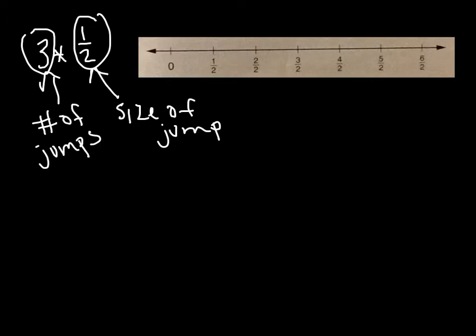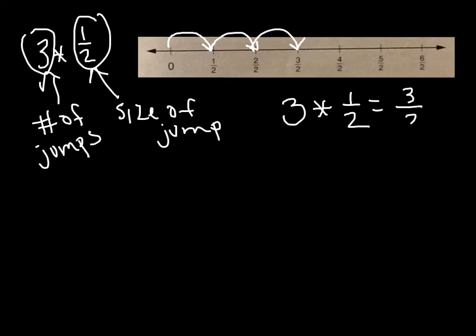So we know that we have to take 3 jumps that are each 1/2 of a unit long. So I'm going to start at 0 and do 1, 2, 3 jumps, and that leaves me at 3/2. So 3 times 1/2 equals 3/2, or 1 1/2.